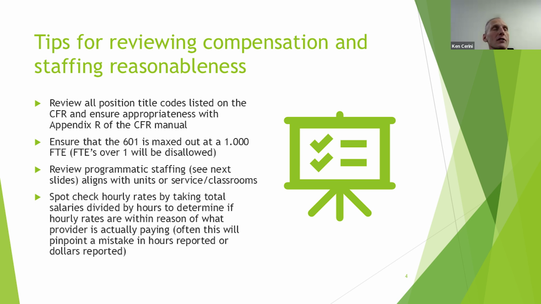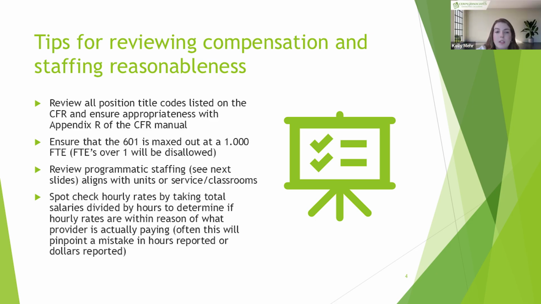So just make sure that as you're going through that transition, or if you are an organization where somebody worked a little bit of overtime and the way they track things in payroll is coming up to more than one, if you have more than one in that 601 code, SED will disallow anything over the one FTE. And then your staffing should align with basically the services provided.